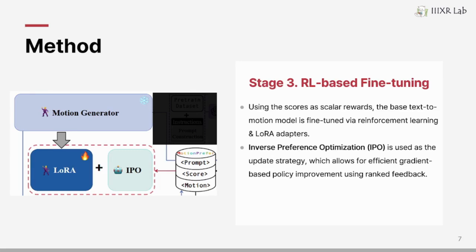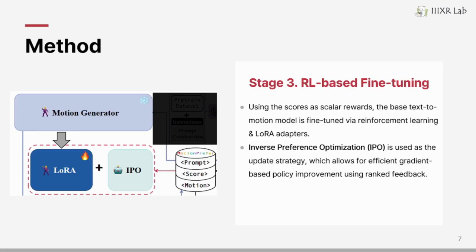The final stage is reinforcement learning based fine-tuning. Instead of using traditional supervised objectives or contrastive losses, the authors employ a method called inverse preference optimization, or IPO.